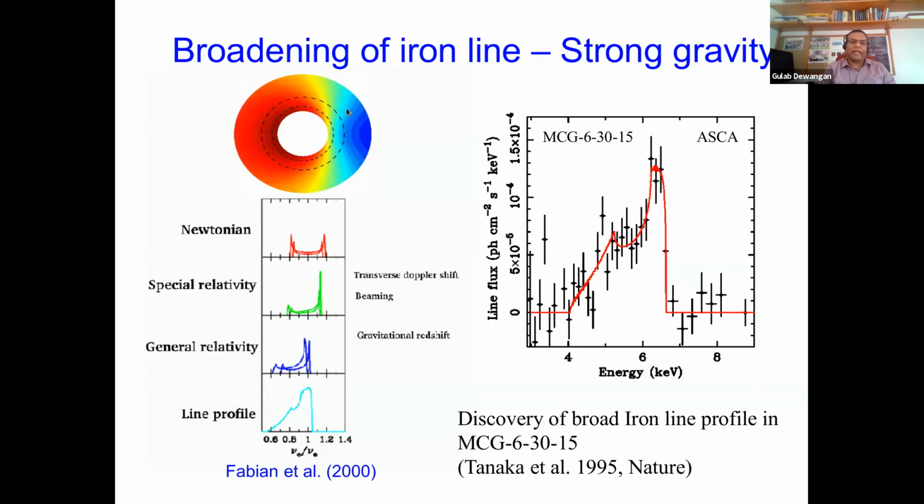Okay, and if you sum the line emission from all of these annuli, then it looks like this kind of profile, which takes into account Newtonian physics, special relativity, general relativity, etc. This kind of line was actually observed in 1995 for the first time using the Japanese satellite, the Advanced Satellite for Cosmology and Astrophysics, and that first result matched very well with theoretical prediction. So this red wing here is coming from very close to the black hole, and one can study the shape of this red wing to probe the innermost regions near the black hole.